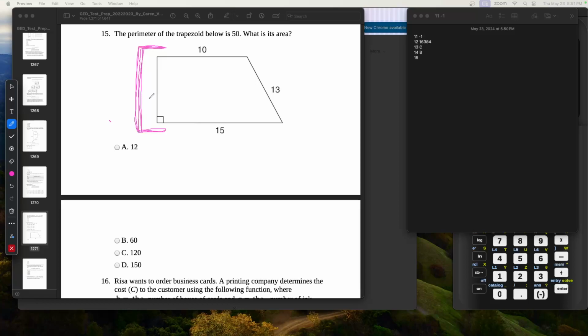Very nice. Yeah, so you do 50 minus 10 minus 13 minus 15 to get 12. Do you remember the area of a trapezoid?